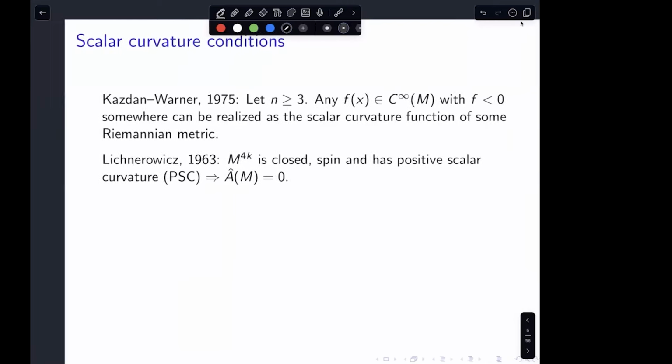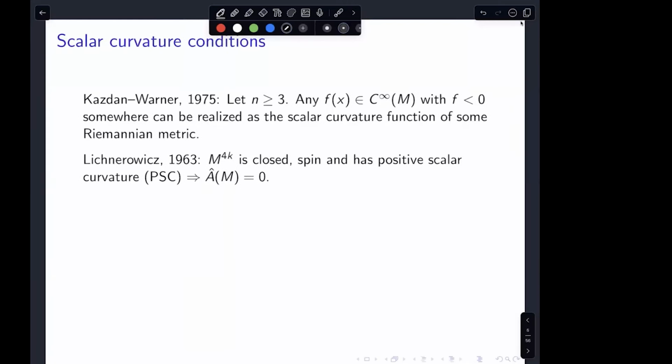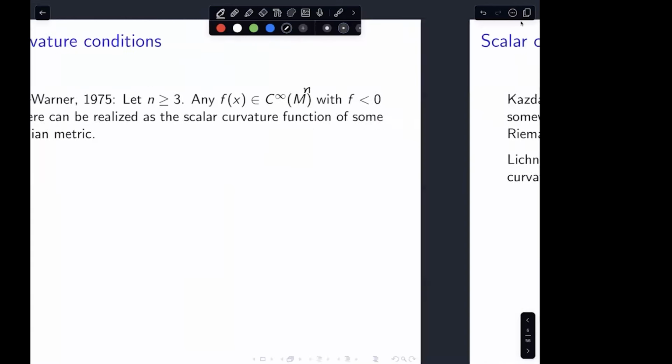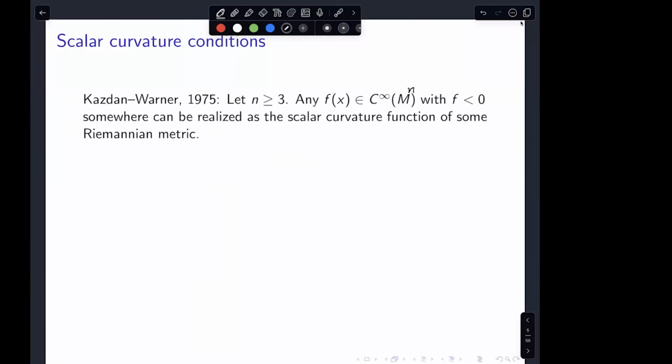I have one question. Do you assume that M is compact here? Oh yeah, closed, let's say. Closed. And is it also true for non-compact M, if we look for complete metrics? I don't think this Kazdan-Warner theorem directly implies that, but I do think there's a construction by Lohkamp.